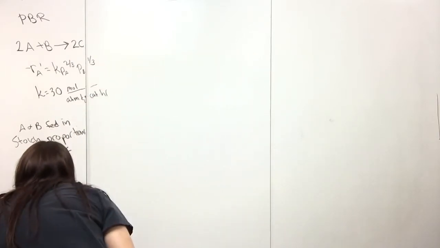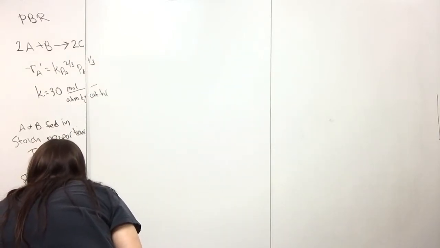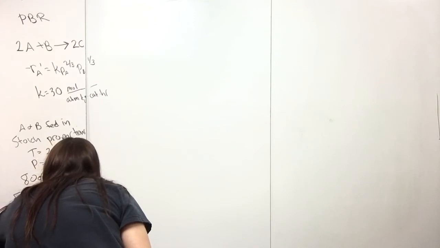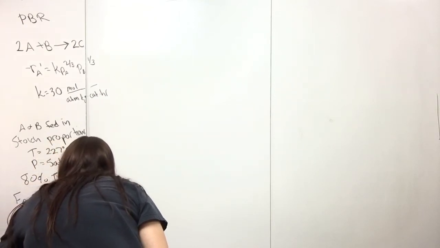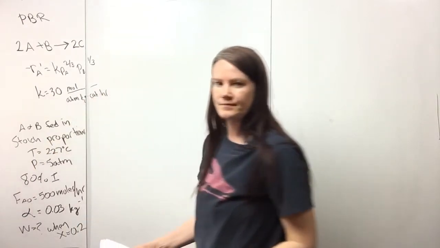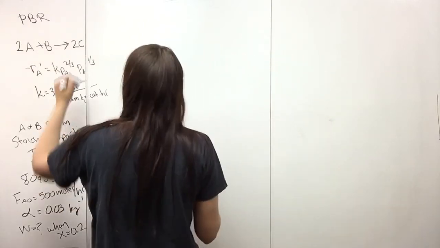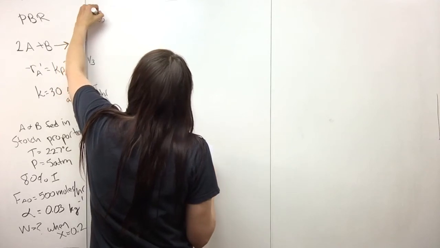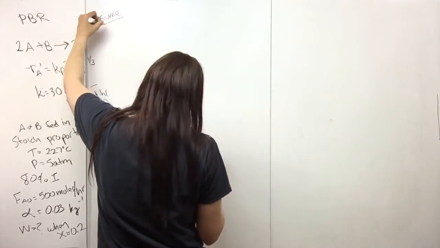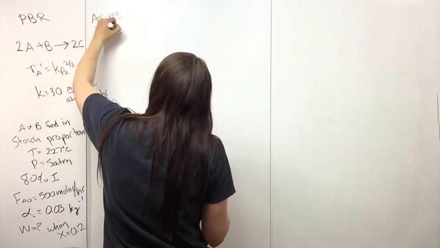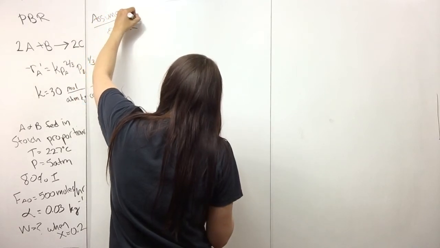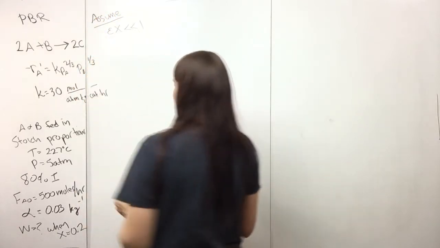So what is the weight when X is equal to 0.2? And then it says assume epsilon x is much smaller than 1.